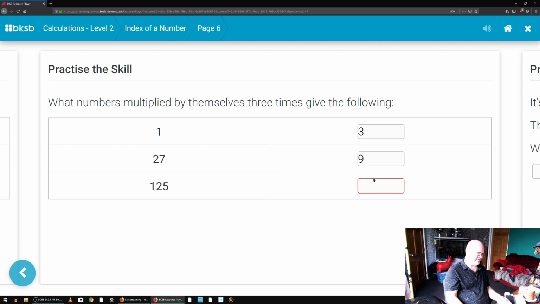It's not divisible by 3. 125 is not divisible by 3. Even my calculator will tell me it's not divisible by 3 unless I've gone proper thick. 125 divided by 3 equals 41.666. Whereas if I go 27 divided by 3, that gives me 9.